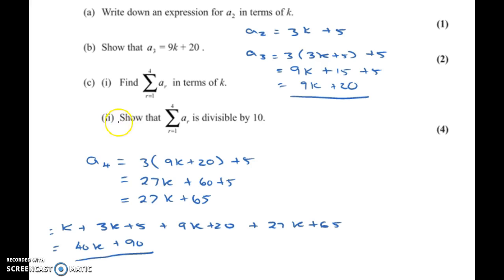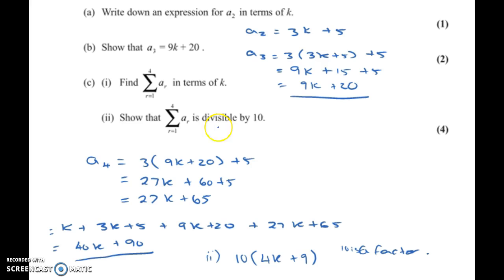Part 2 says show that the sum of the first 4 terms is divisible by 10. Whatever you're asked to prove it's divisible by, this number will definitely be a factor of the expression that you found. So for part 2, if you're just able to say that 10 is a factor, then you have proved 10 is a factor.